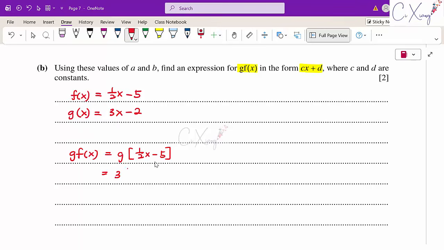So you have 3 times half x minus 5, then minus 2. Then simplify it. When you simplify further, you should have 3 over 2 x minus 17. And this is how we get the composite function for g.